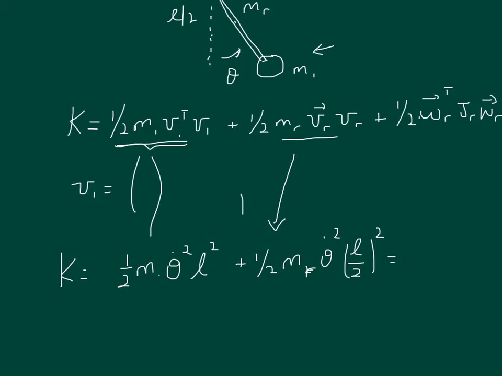And then we still have this last term, 1/2 omega r transpose jr omega r. So we need to go figure out how we compute that term.